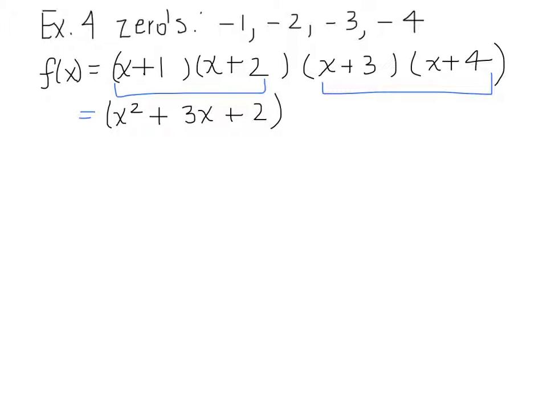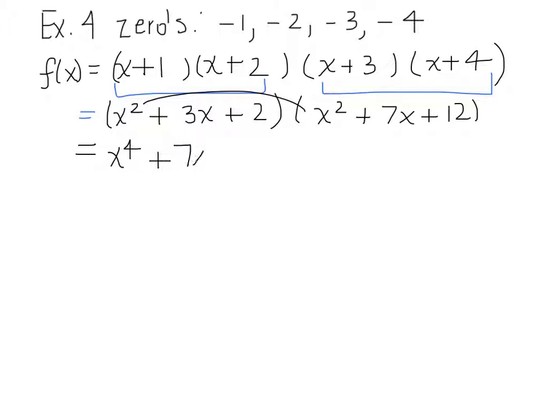Okay, I already combined the middle, the outer, and the inner. Then I'll do these. And then I'll just multiply these two together, making sure I cover. I'm going to distribute each term. So first I'm distributing the x squares. Okay. Then I'm going to distribute the 3x.